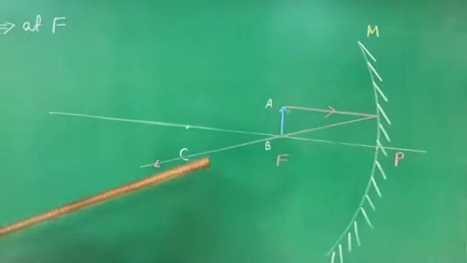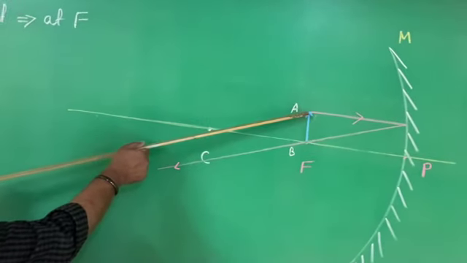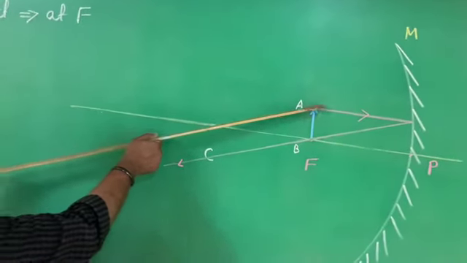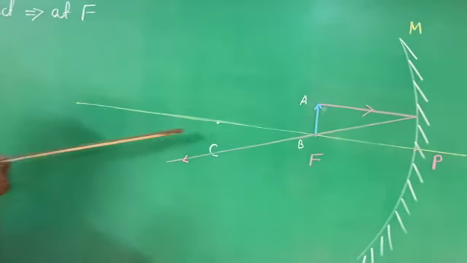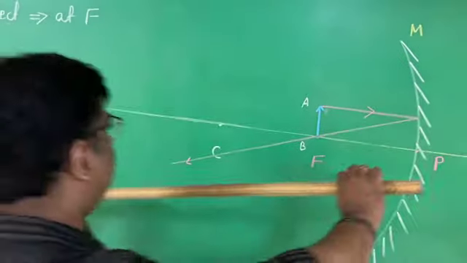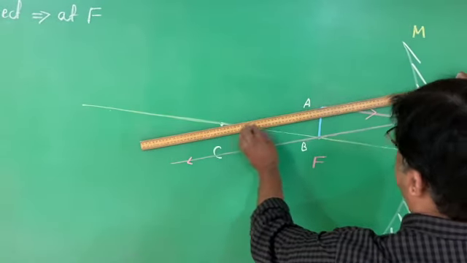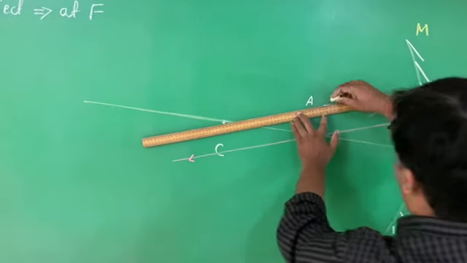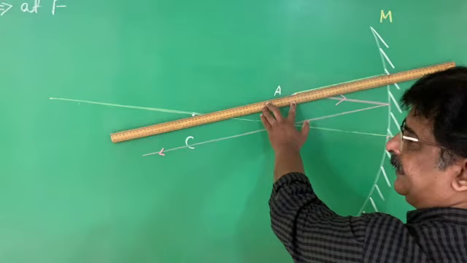The second condition: imagine a ray from the object going and meeting the mirror. After the reflection it follows the same path through the center of curvature. Therefore, it is somewhat like this. The ray of light from the object went there. It becomes the incident ray.